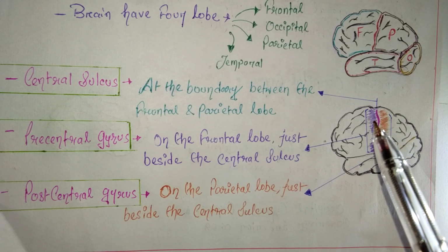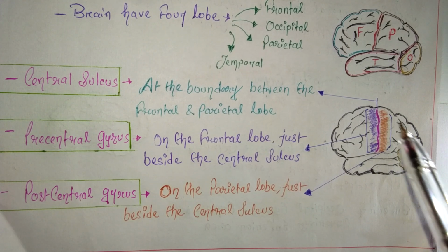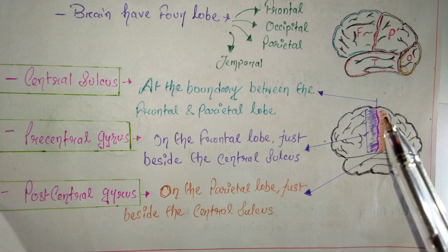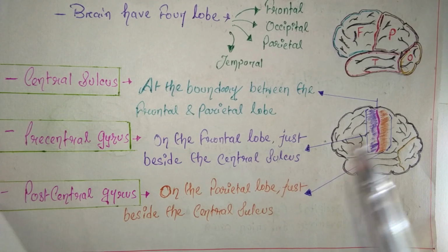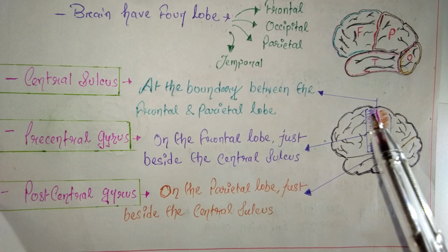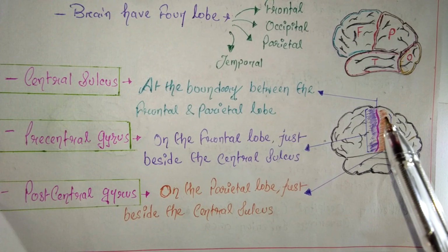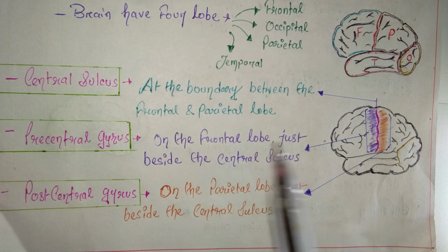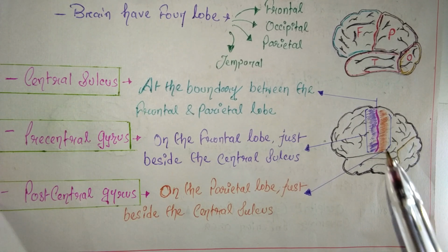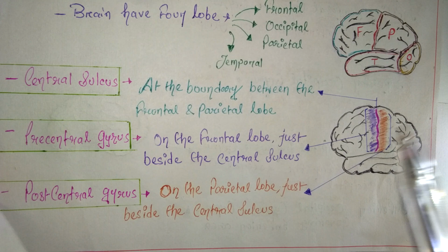See, this is the central sulcus, this is the parietal lobe. Just beside the central sulcus we have the postcentral gyrus. So this is the precentral gyrus and this is the postcentral gyrus. Precentral gyrus is present on the frontal lobe and postcentral gyrus is present on the parietal lobe.